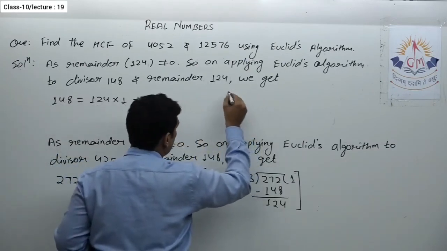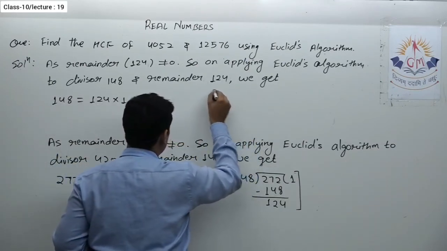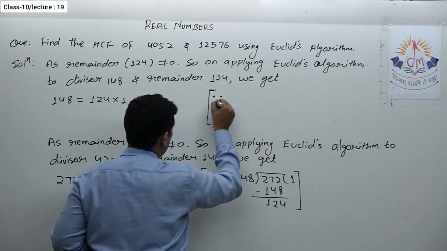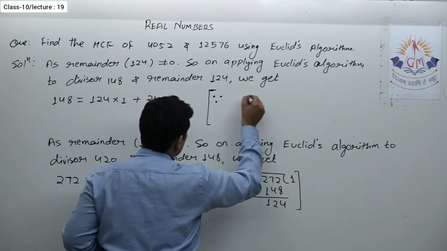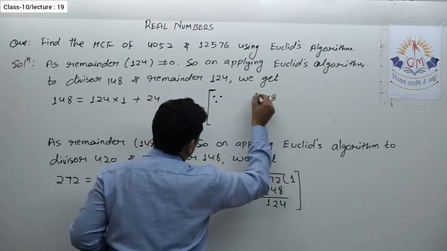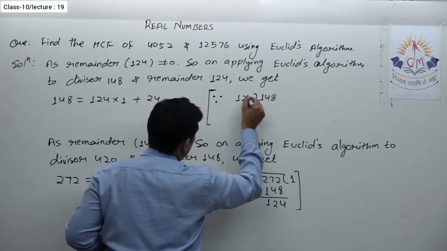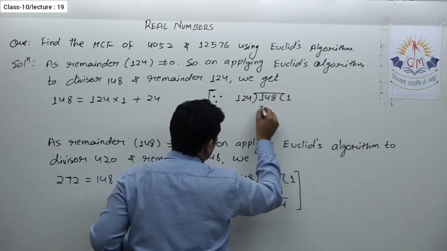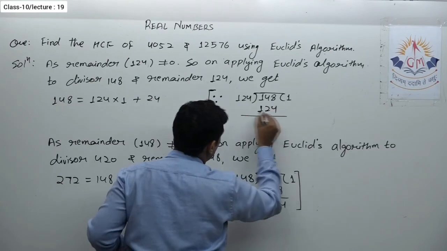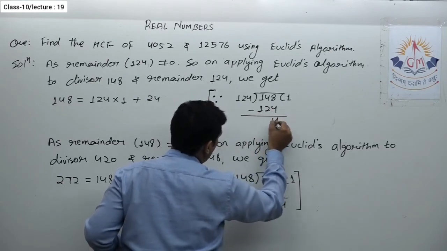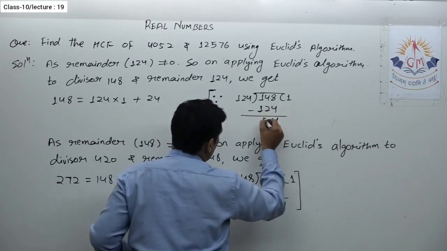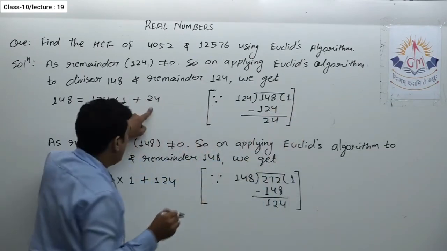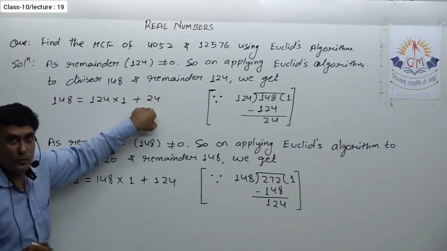I will show how I got this: when I divided 148 by 124, here quotient was 1, here I got 124, and on subtracting I got 24. Now you can see still the remainder is not equal to 0.